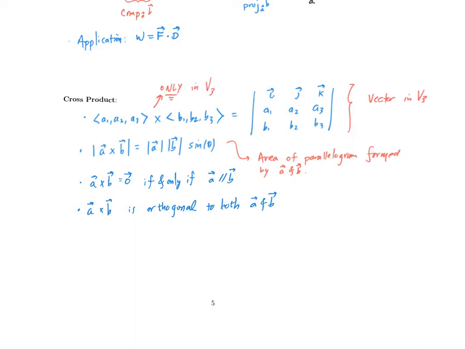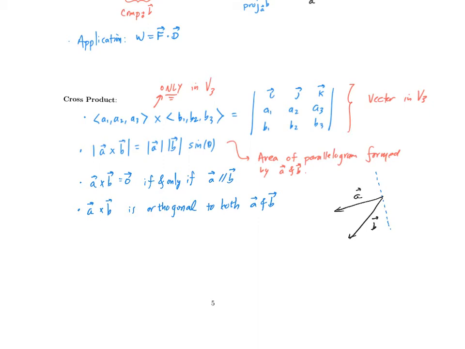So if we have the vectors A and B drawn, where they have the same initial point, we know A cross B is going to be orthogonal to both A and B. And that gives us, in a sense, two possible directions.